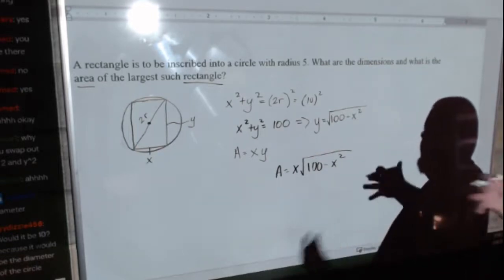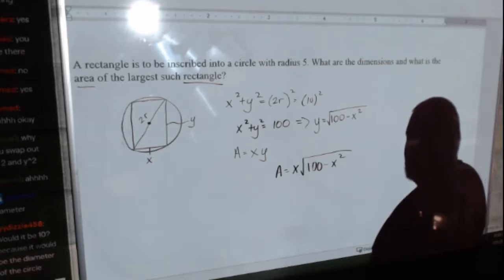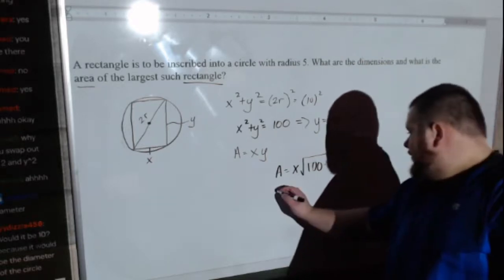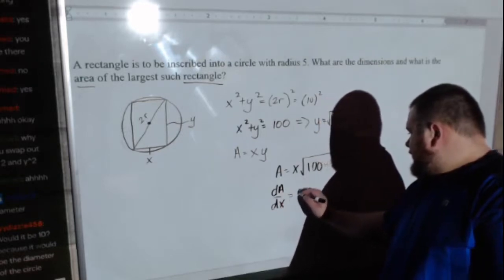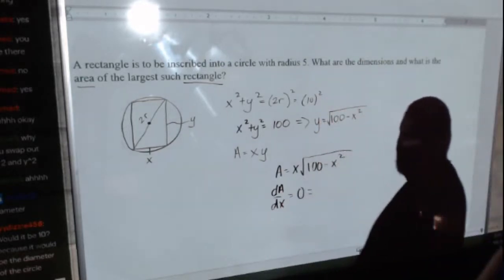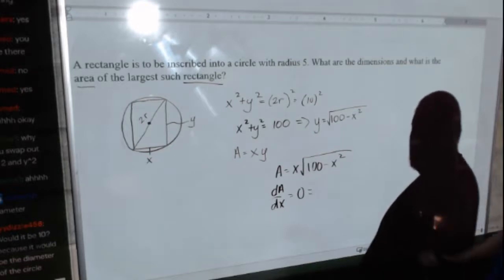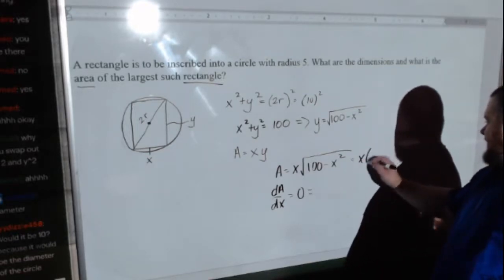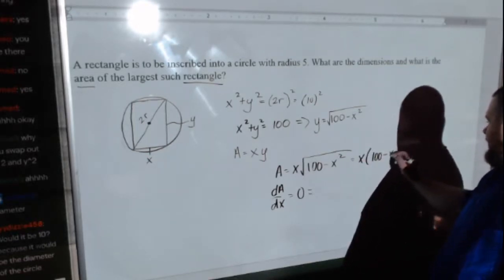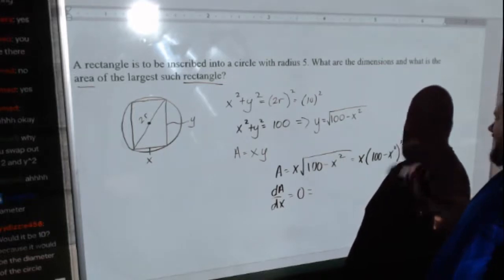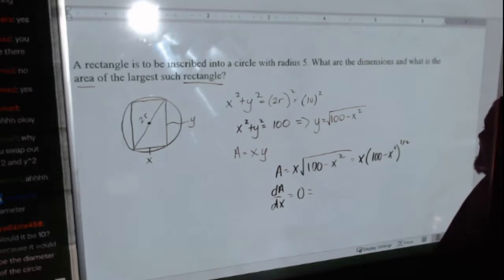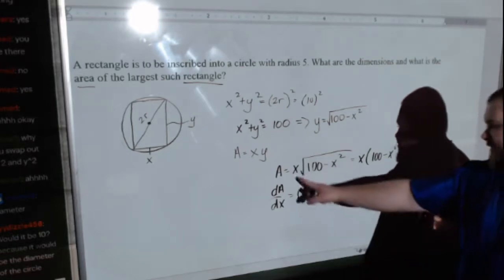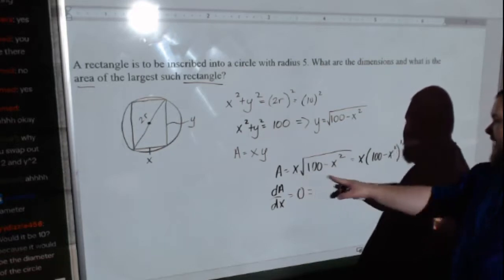And now that I've got all the hard work taken care of, I need to take a derivative and set it to 0. So let me rewrite this as x times (100 minus x squared) to the 1/2. We need to treat this as though it is a product. So derivative of x is 1, leave this alone.